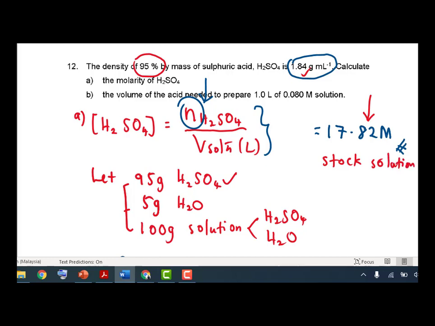Now we dilute the acid to this concentration of 0.08, not even 1 molar, very dilute. So from this concentrated acid, you have to prepare the dilute one, which is 0.08 molar.